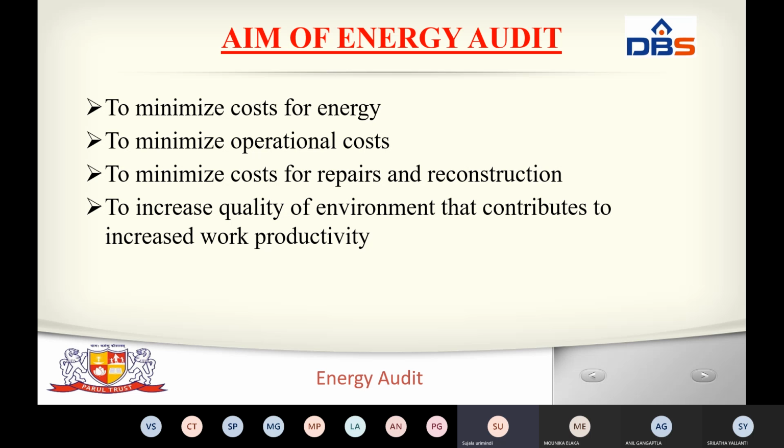And what is the main aim of the energy audit? It is to minimize the cost of energy, minimize operational cost, minimize the cost of repairs and reconstruction, and increase the quality of the environment. The audit process has sequential steps: schedule an opening conference to discuss the audit objectives, timings, report formats and distribution, and test the internal controls to ensure proper operation.